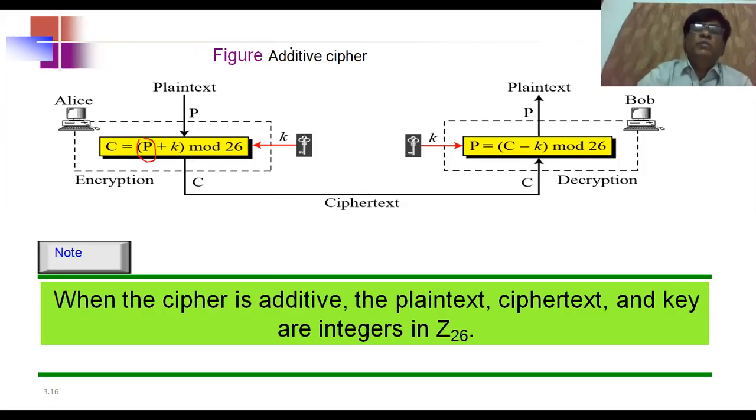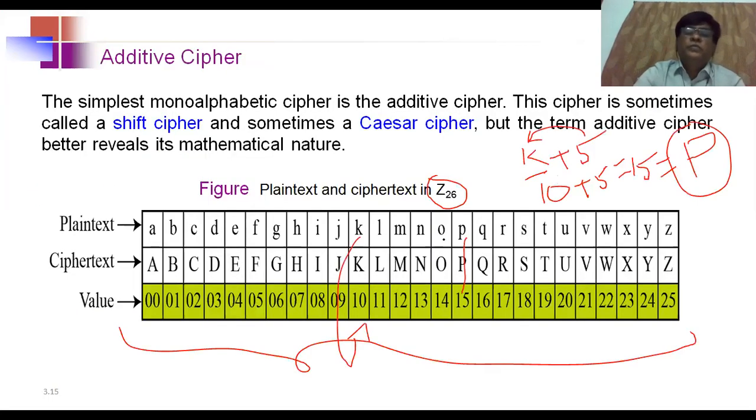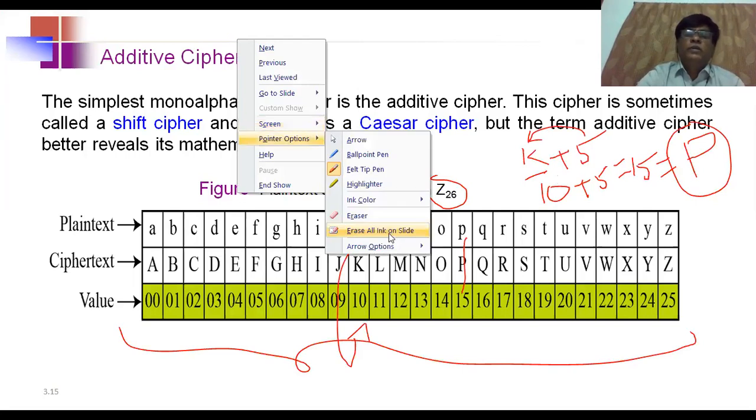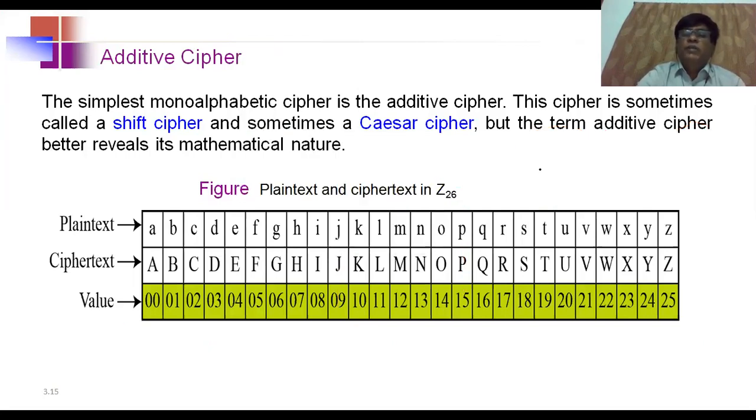How to get this? For example, assume I am adding 5 to X. X's numeric value is 23.